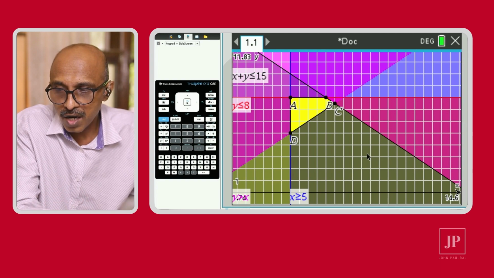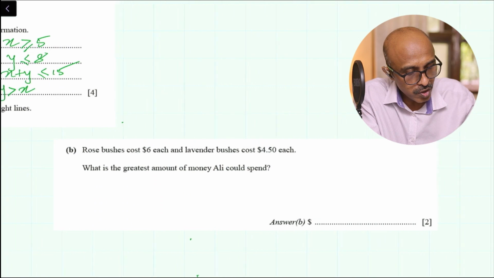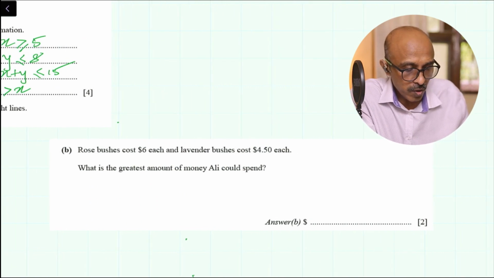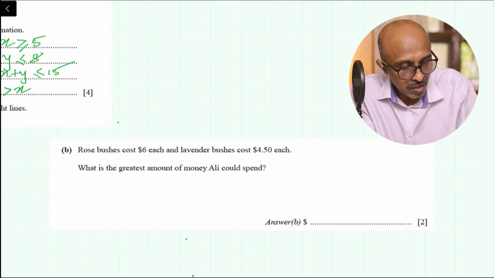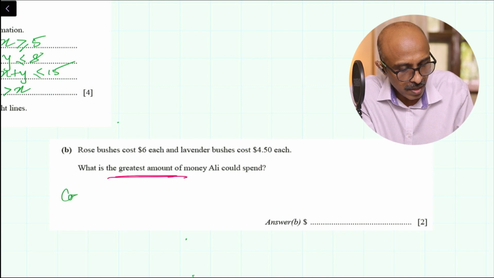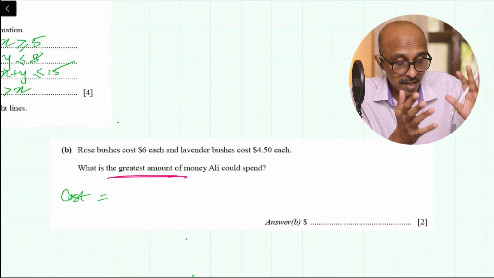And if you go back to the question that we were looking at, it says rose bushes cost $6 each. Lavender bushes cost $4.5 each. What is the greatest amount, a maximal idea? So if I were to write down cost in terms of x and y, x, remember, was referring to the number of rose bushes.